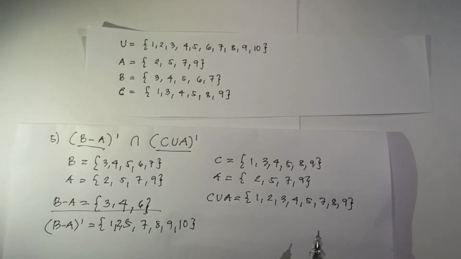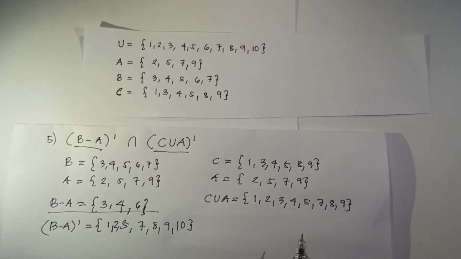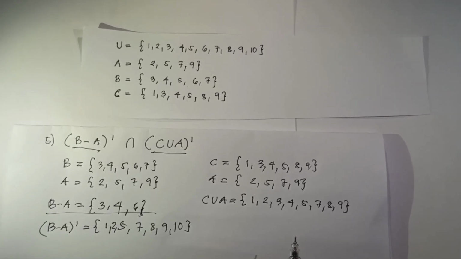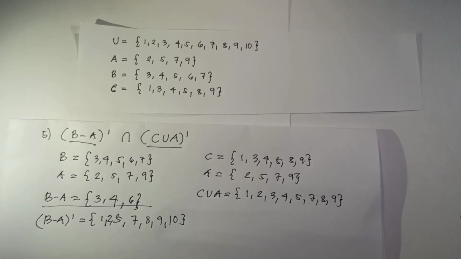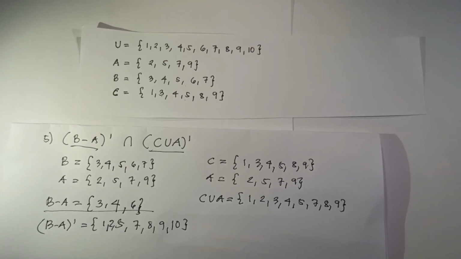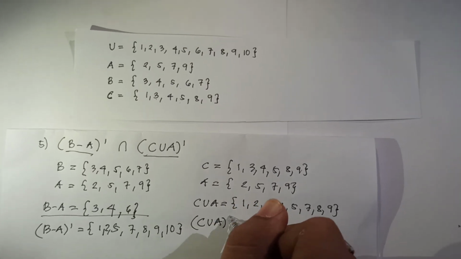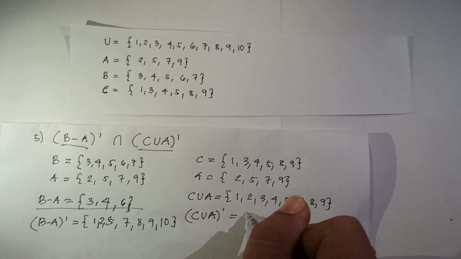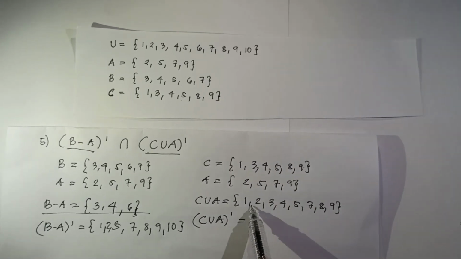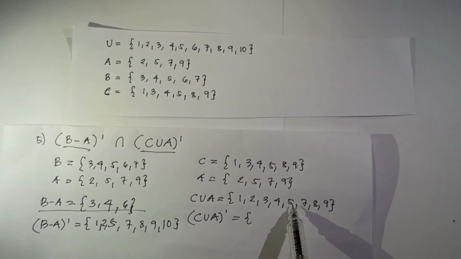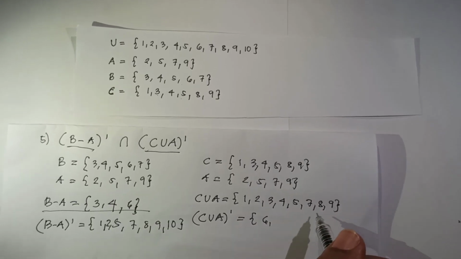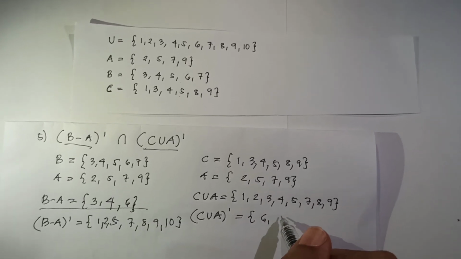Since naka-prime po siya, so we're going to take the complement of C union of A. So we have C union of A, then prime. We have 1, 2, 3, 4, 5, 6, 7, 8, 9, 10.